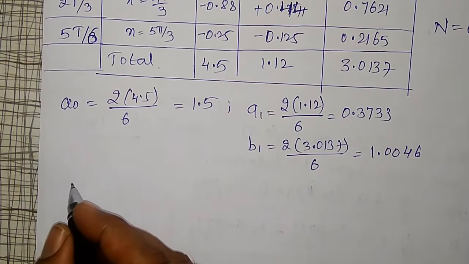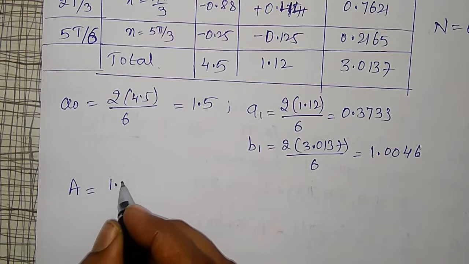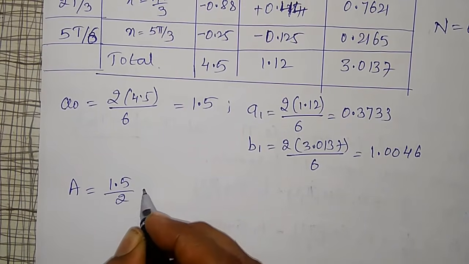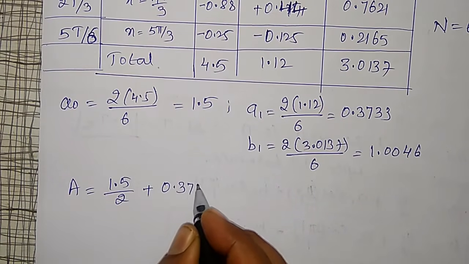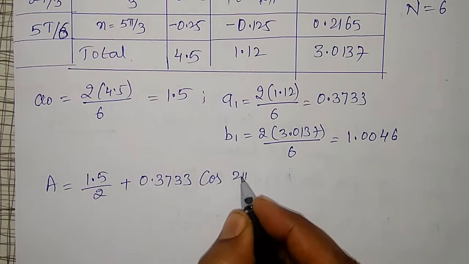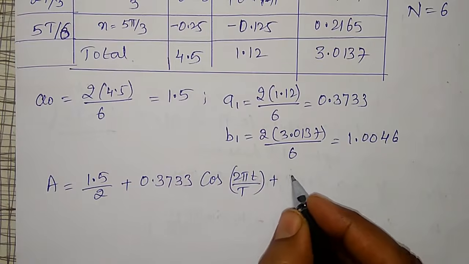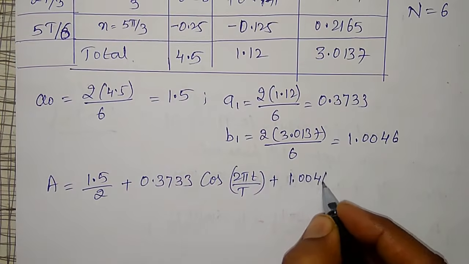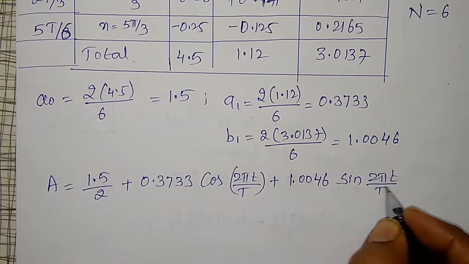Therefore, the Fourier series for A equal to a0 divided by 2, 1.5 divided by 2, plus 0.3733 into cos 2 pi small t divided by capital T, plus 1.0046 into sine of 2 pi t divided by capital T.